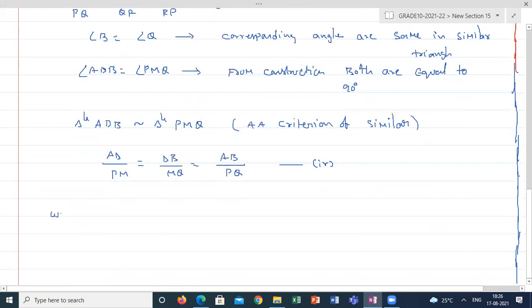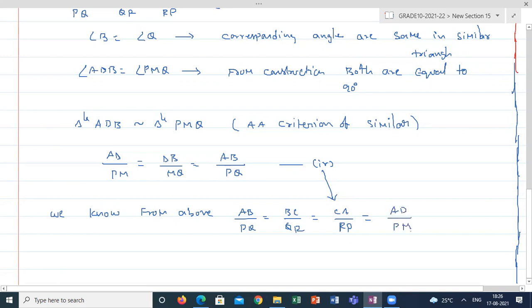We know from above AB by PQ is equal to BC by QR is equal to CA by RP, is equal to, from the fourth equation, this will be equal to how much? AD by PM. Understand, guys, what I'm saying?